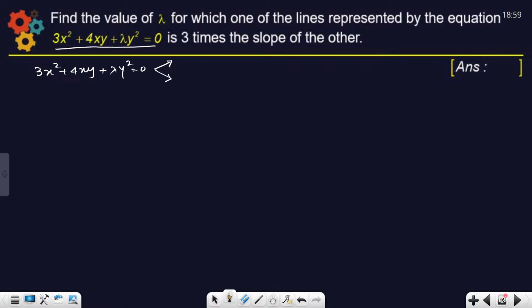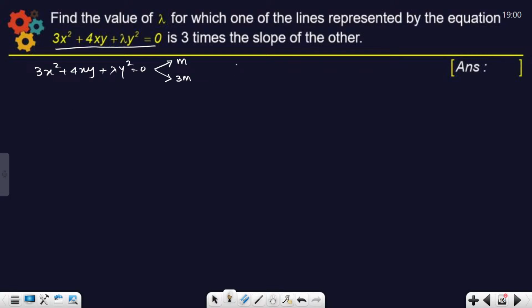And what they have said: there are two straight lines passing through the origin, which are represented by the given equation. Now let us say the slope of one line be m. So the slope of the other line will be 3 times m. That is the condition that they have given.